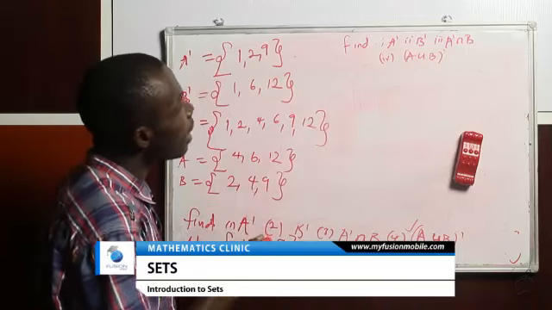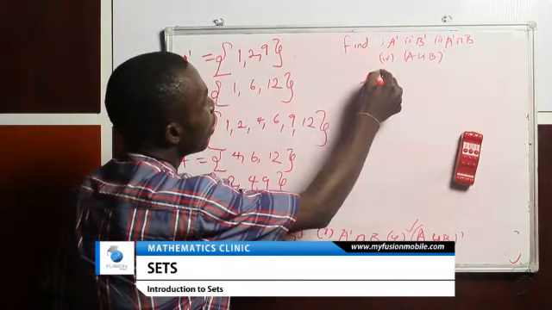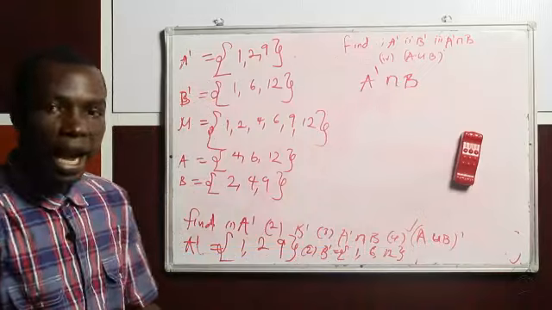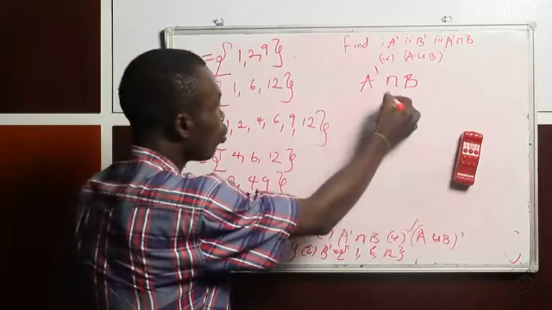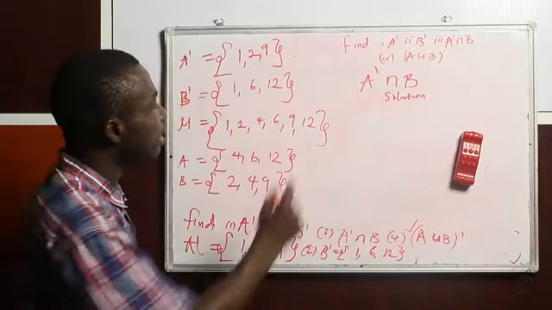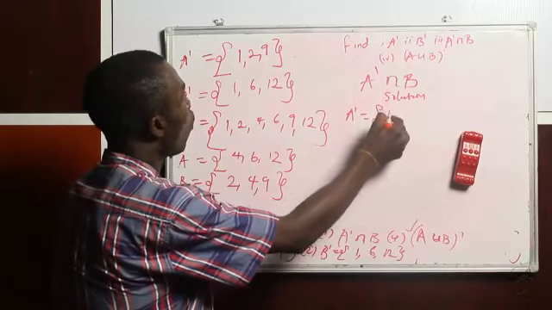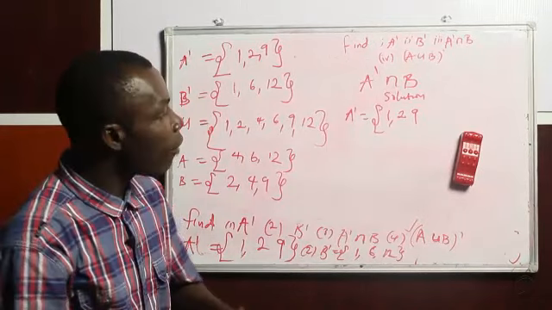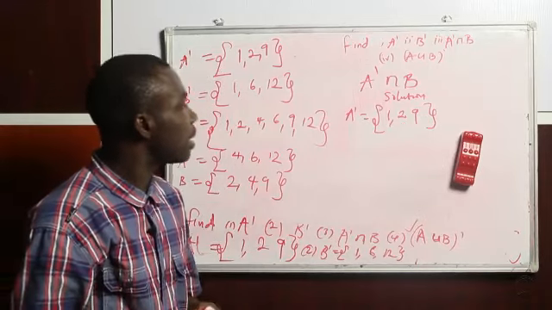Then the next question is find A complement intersect B. Solution. Our A complement is 1, 2, 9. Our B complement is 1, 6, 12.